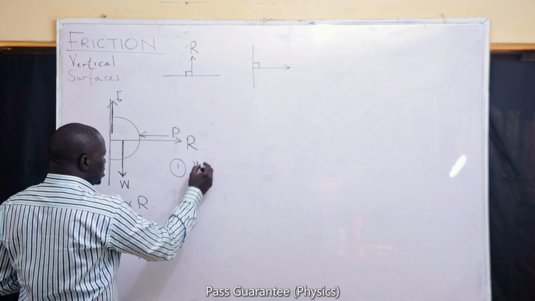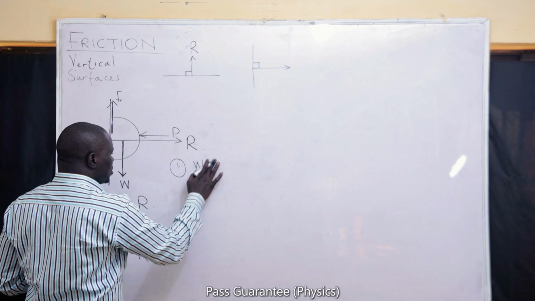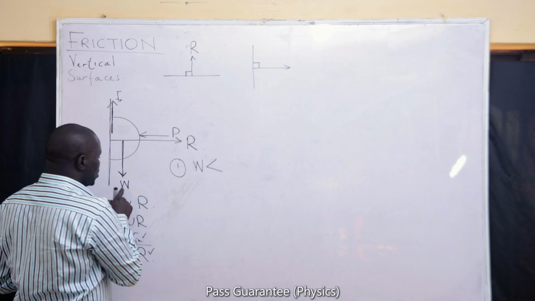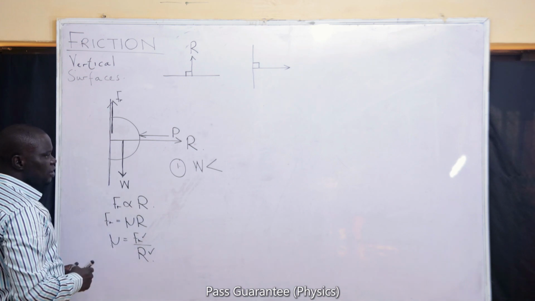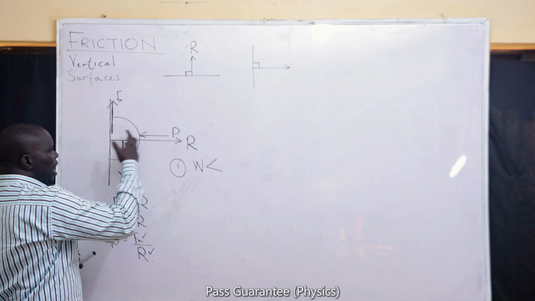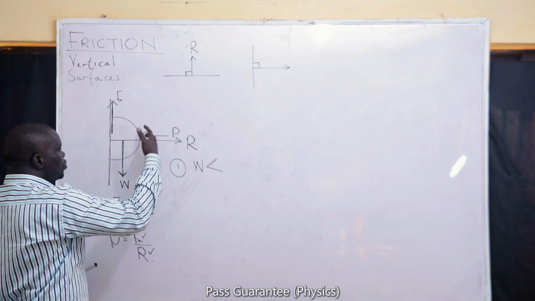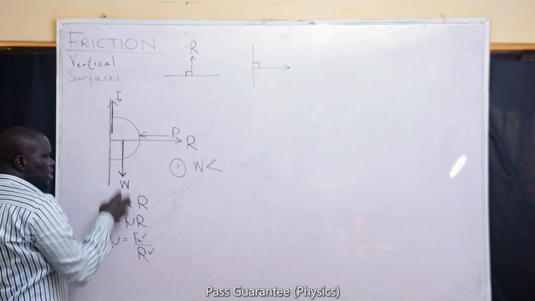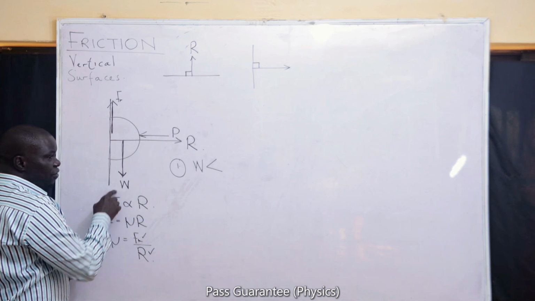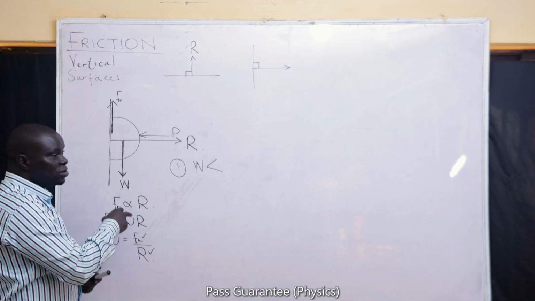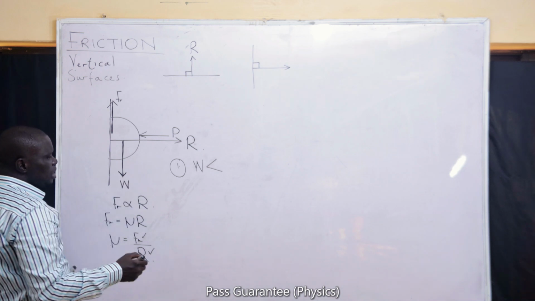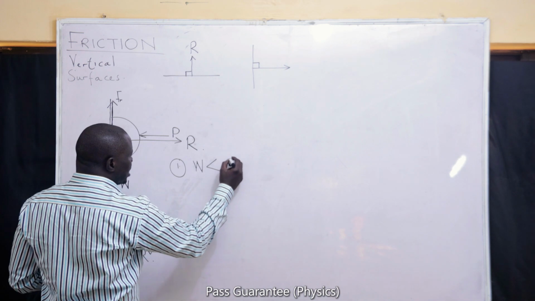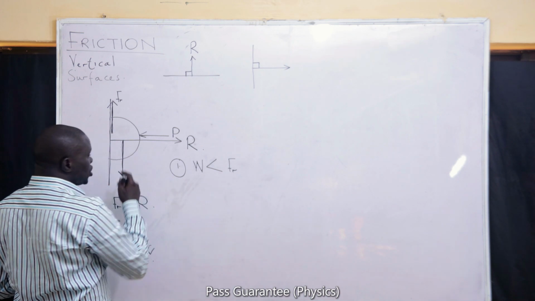The weight is the force that wants to produce the motion. If this object is going to move, it won't move out of the wall or into the wall. It can only drop down. So weight is the force that wants this object to move. If that weight is less than the friction, this object stays on the wall.